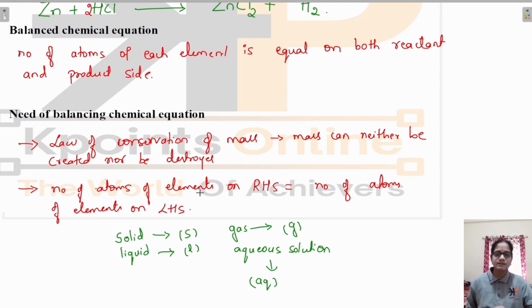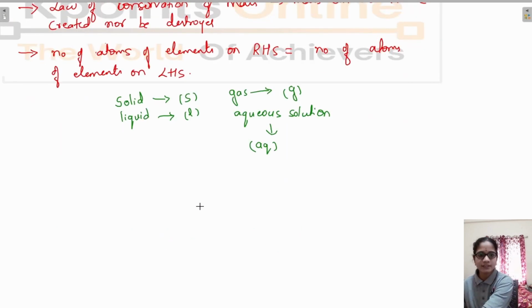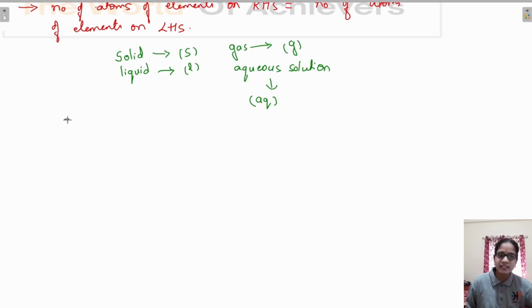There are different elements and molecules, and we cannot always remember the physical state symbol for every material, so we can have some general idea about it. If there are metals, we will represent them by (s), because almost all metals are solid in nature. Non-metals are either gases or solids.